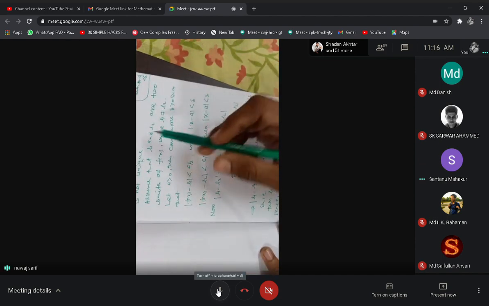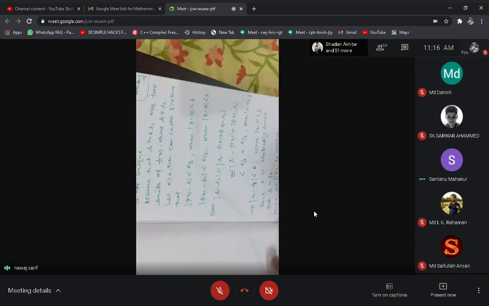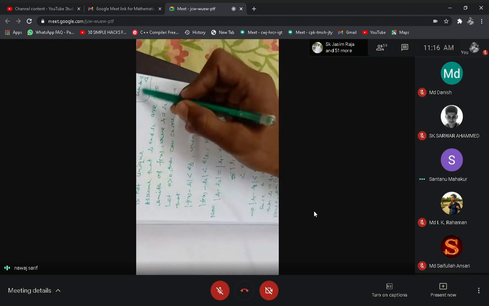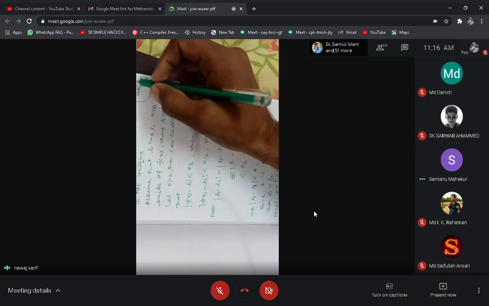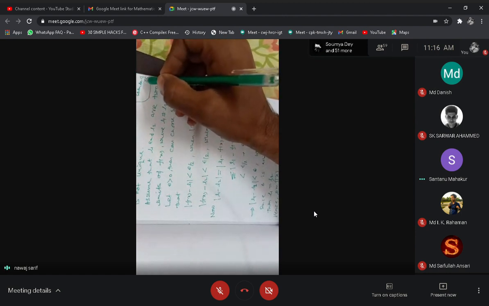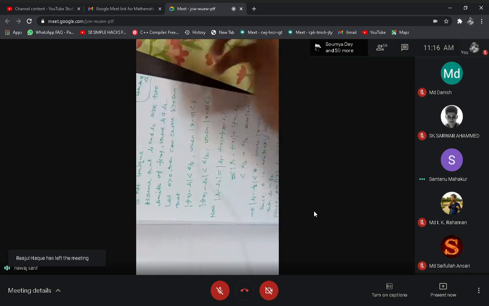I have to prove that the limit of this function is unique. Okay, when the limit exists, then that limit must be unique. So let us first assume that this limit is not unique. According to the epsilon delta definition of limit, that limit L exists, that means mod of fx minus L less than epsilon when mod of x minus a less than delta.